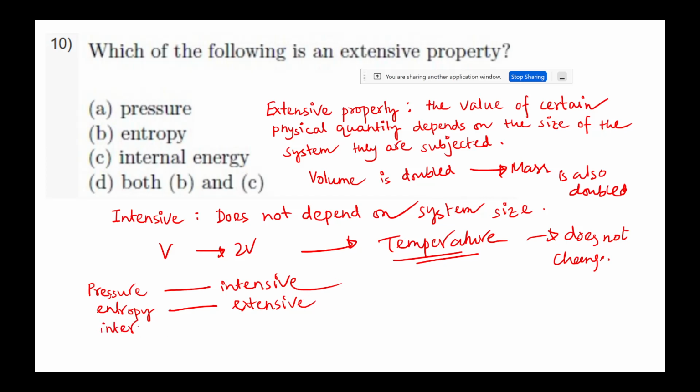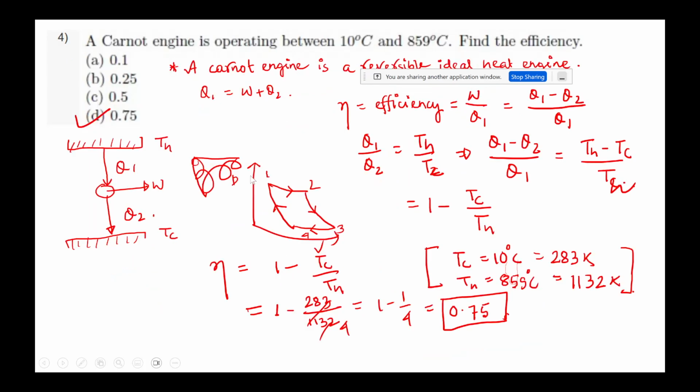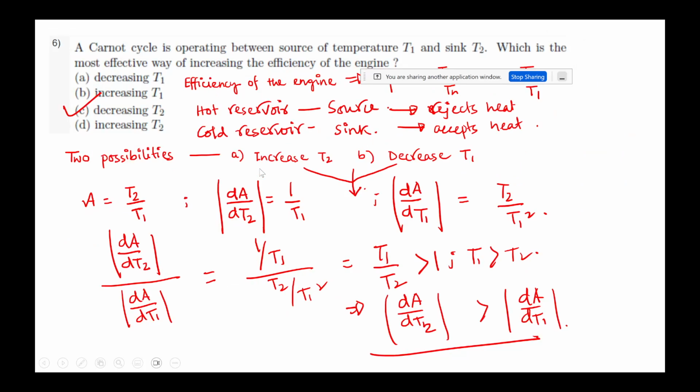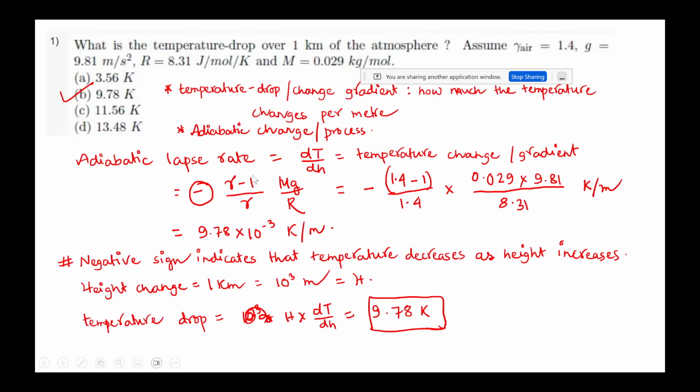Internal energy is also extensive. So B, C both. So option D is correct. So that is the end of these problems. I told you that I will discuss these problems again, so let me discuss here again, or take a review sort of a thing.